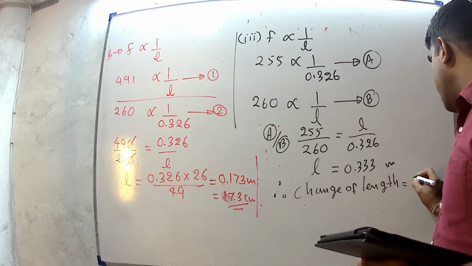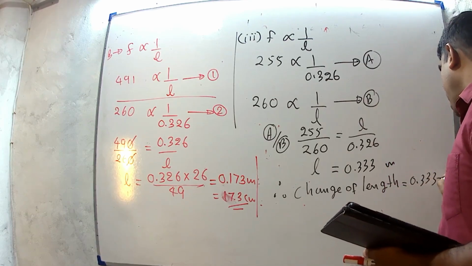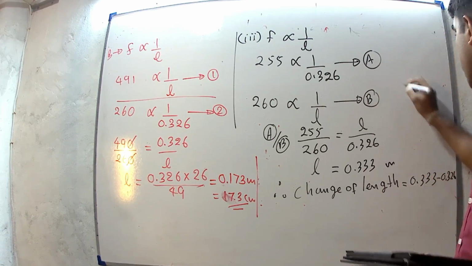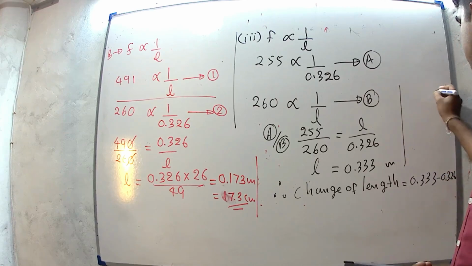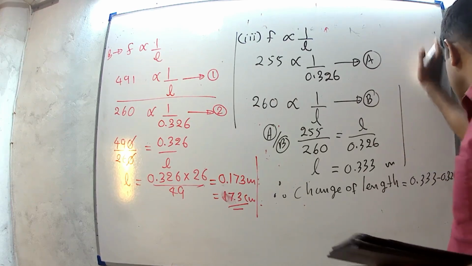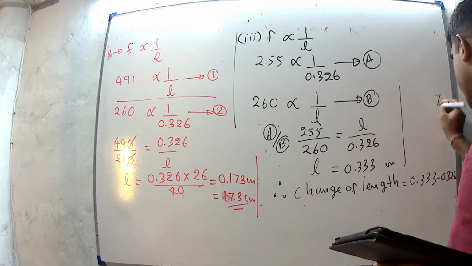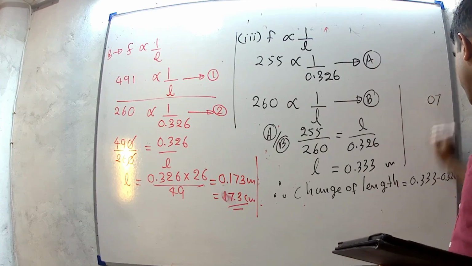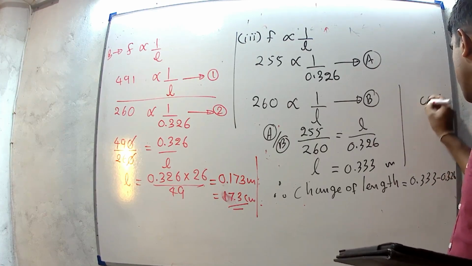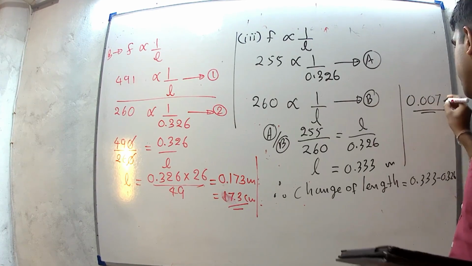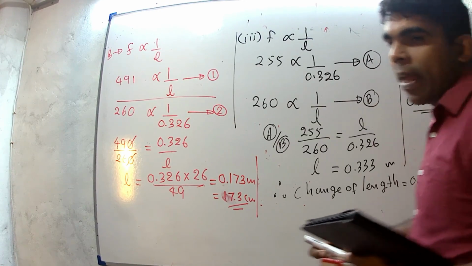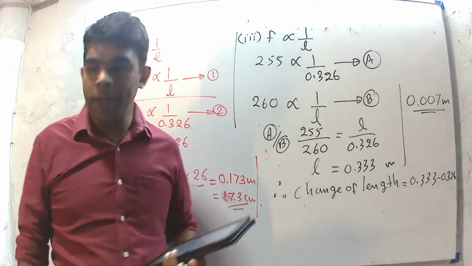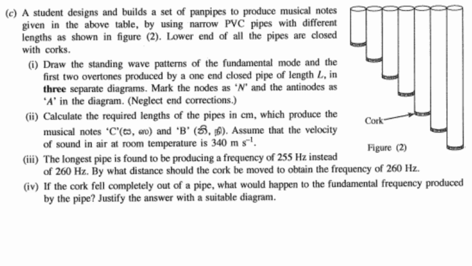We can subtract 0.333 minus 0.326. 13 minus 6, 7. 2 minus 2, 0. 0.007 meters, approximately 0.7 centimeters.